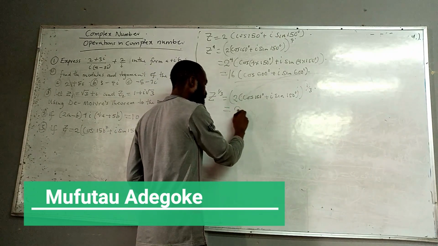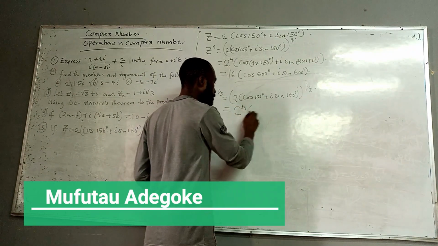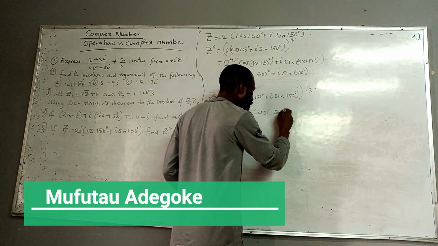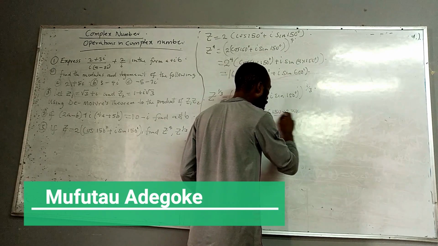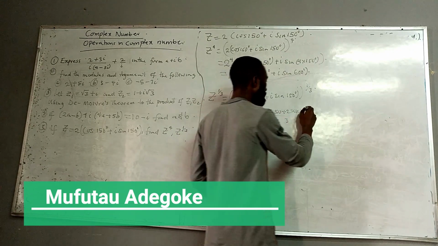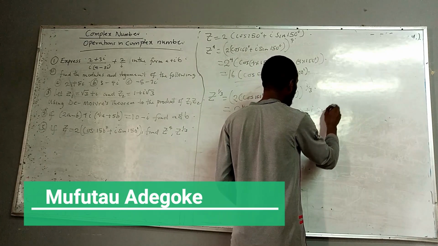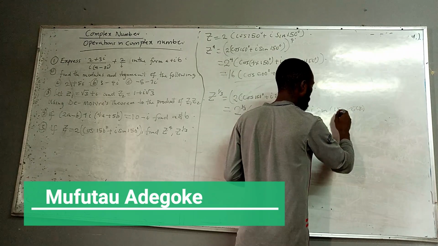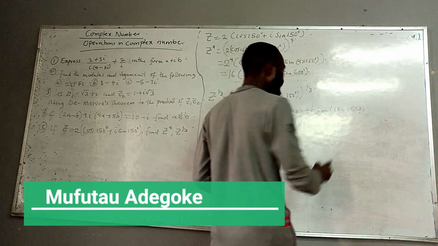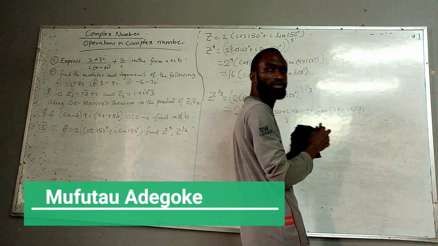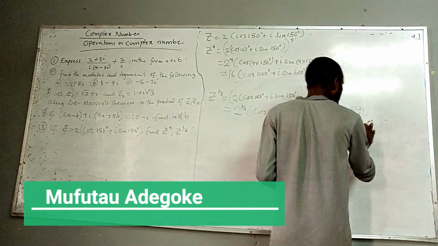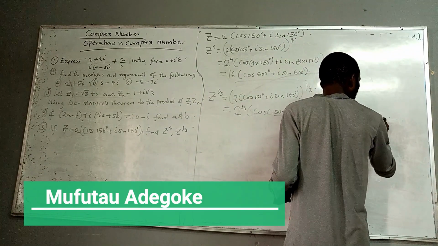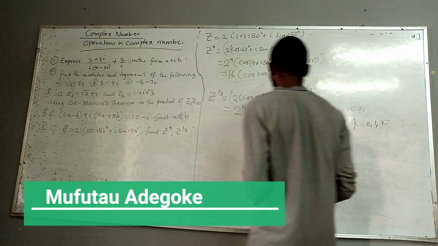Distribute it. 2 raised to power 1 over 3 cos, this is going to give me 150 plus 2 pi k over 3. Remember, plus i sine 150 plus 2 pi k over 3. Since I want to get the third root, the value of my k will be 0, 1, 2. That will be my third root.